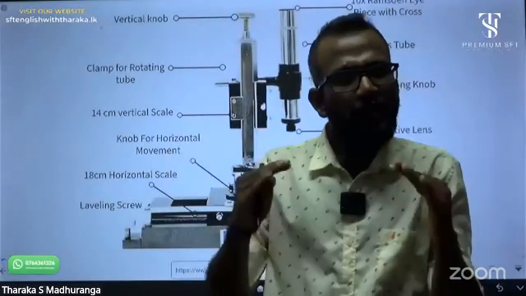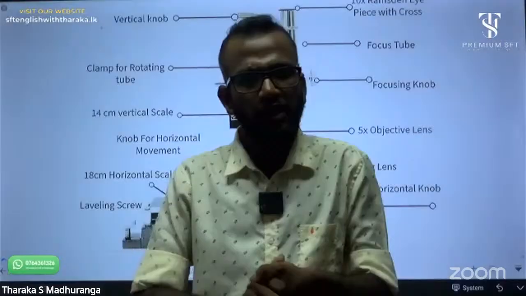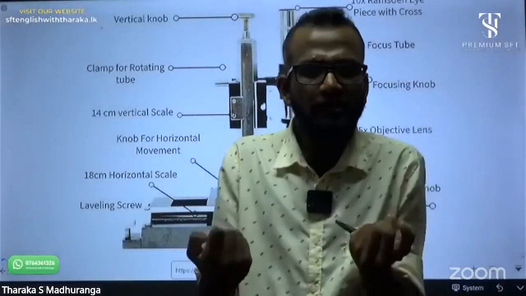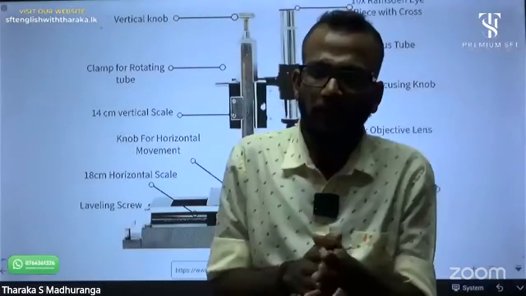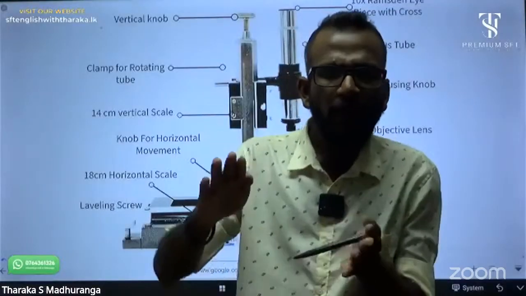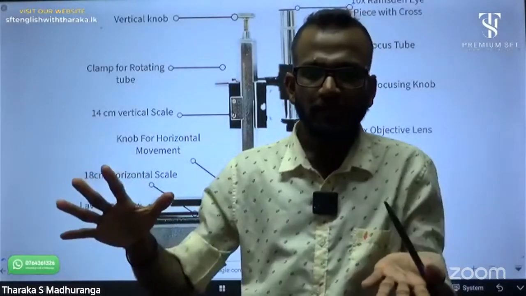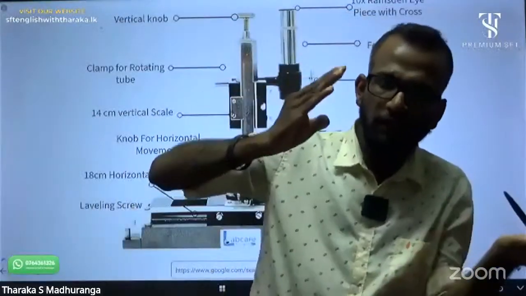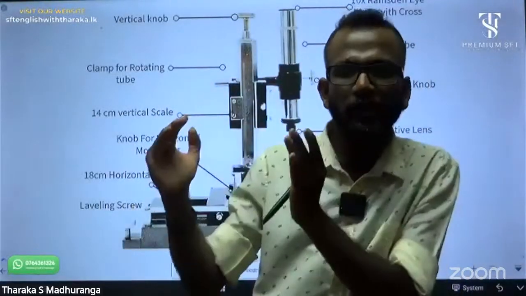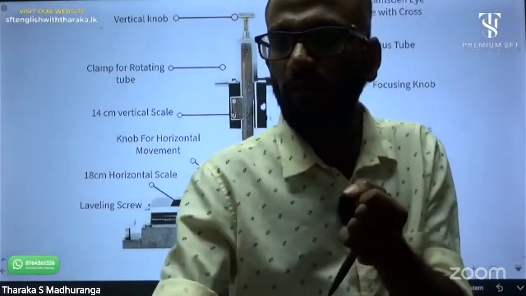Yeah, less errors. Yeah, you are correct. What is the reason for less errors? Comparing with other instruments, what is the reason it is more accurate? Yes, more accurate. I want the reason.